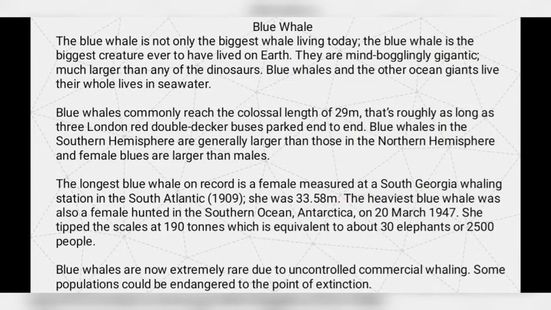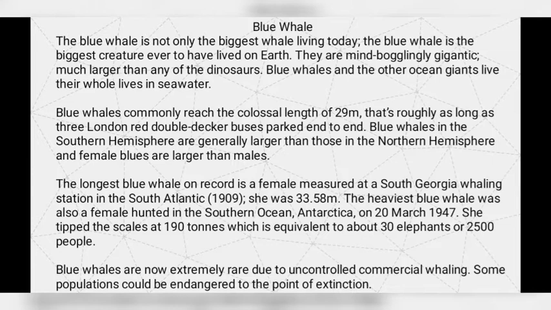Okay, here is the example of factual report text that Miss Safira has given to you. So we would like to identify the generic structure. The generic structure of factual report text are general classification and description.